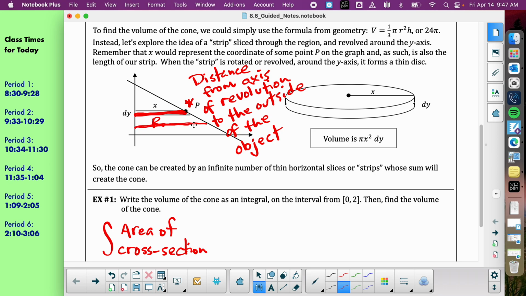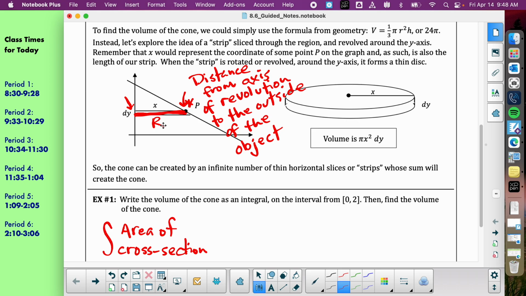That's also capital R. It's wherever you draw it. It's similar to yesterday when we drew our cross section. It's different wherever you draw it, but we're not putting specific numbers on it, so it doesn't matter where you draw it.